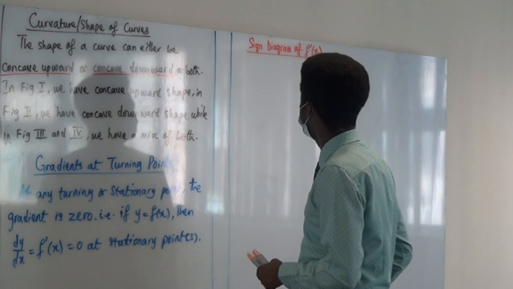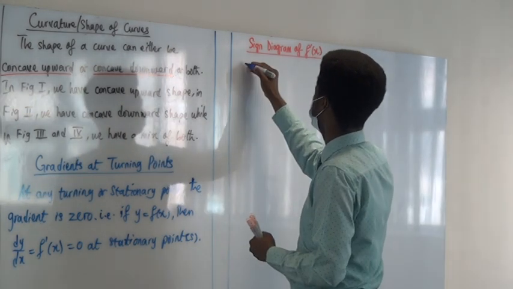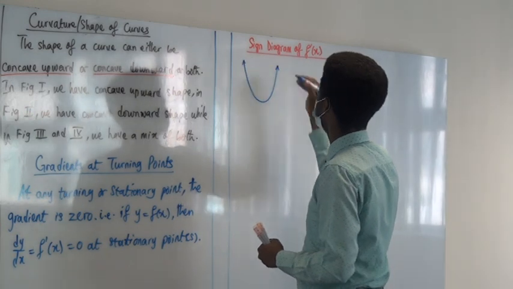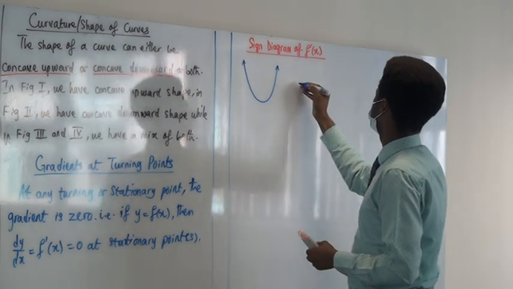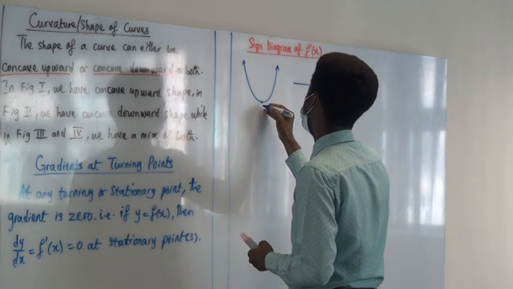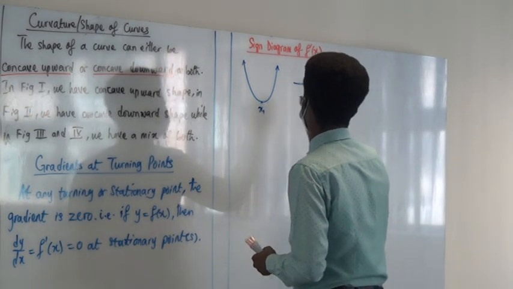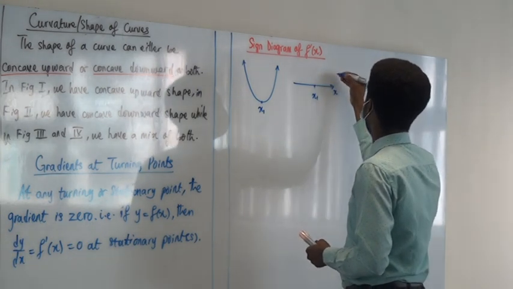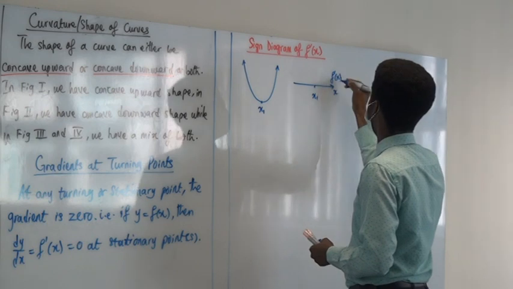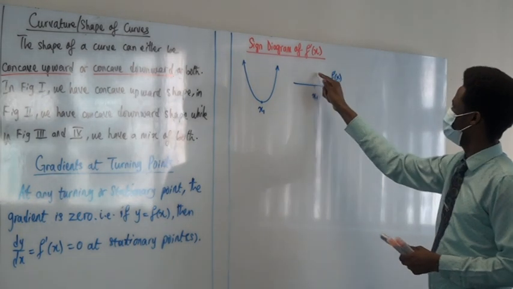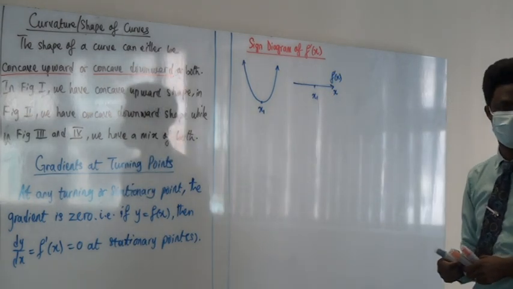So if I have a curve like this, and the turning point is at point x1. This value represents x, this sign represents f prime of x.